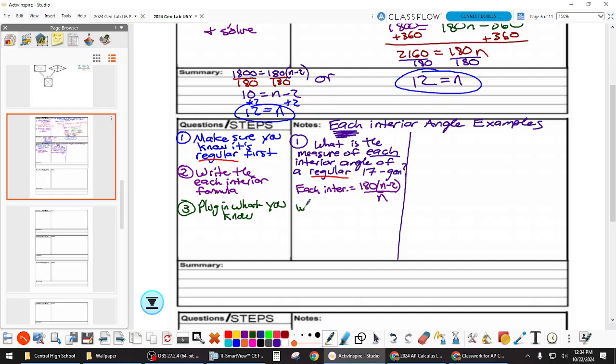Yeah. We know n. Okay? So plugging in, each interior equals 180 times 17 minus 2 divided by 17. So plugging it in, that's what we know.